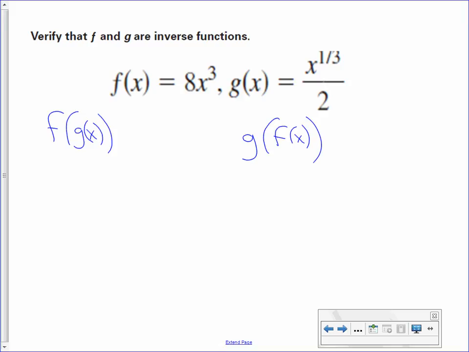All right? So we have f of x is 8x cubed, and g of x is x to the 1/3 over 2. So let's see here. 8 times x to the 1/3 over 2, cubed.